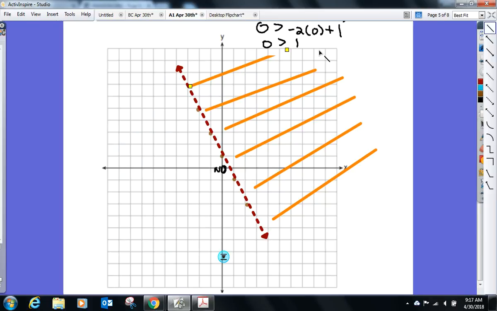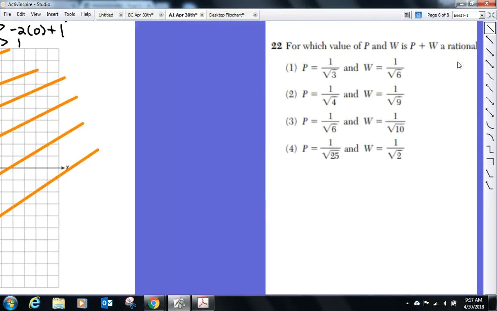It's pretty easy, two points. The only thing I worry about is the dashed line. Any issues before we move on? All right, let's go, as many as we can fit in here.